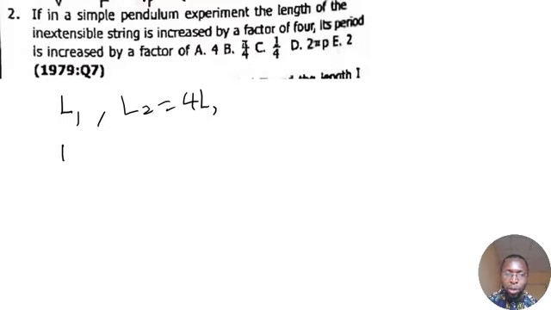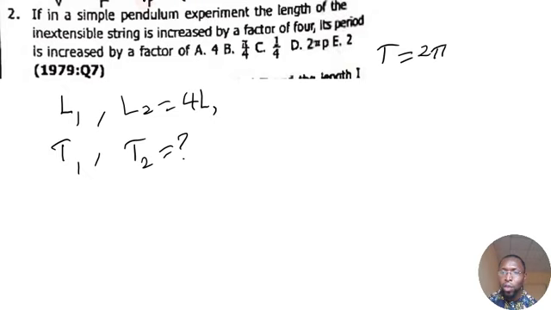The initial period is T1, so we have to find the period at this increment, T2, which is unknown. This is dealing with the pendulum bob. I know in a pendulum bob, the formula for period is equal to 2 pi square root of L over g. So indirectly, period is proportional to the square root of L.